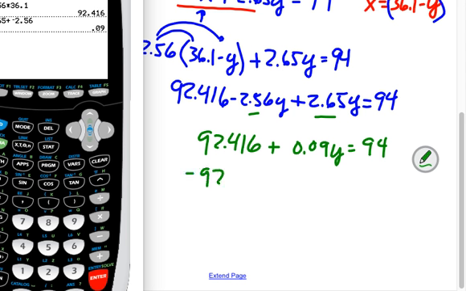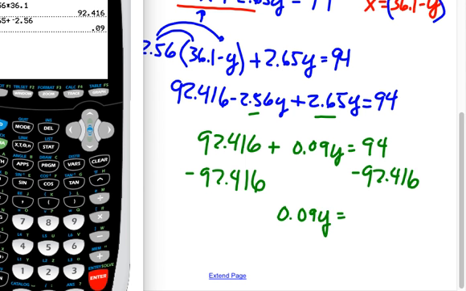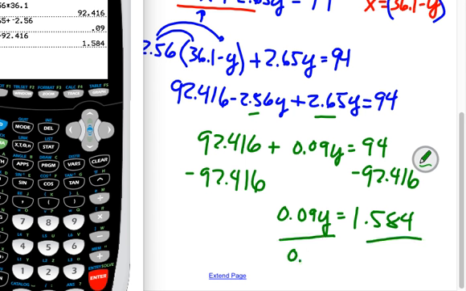So subtracting 92.416, a little bit of work in this problem, I get 0.09y equals 94 minus 92.416, which is 1.584. And then just dividing both sides by 0.09.